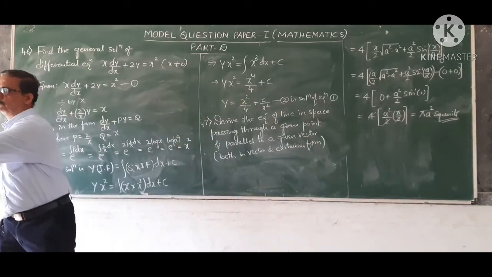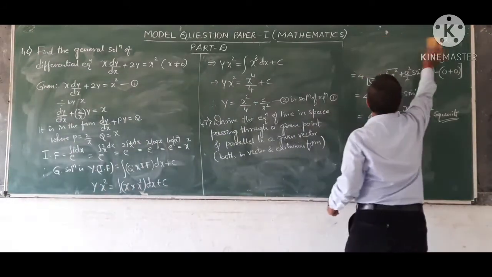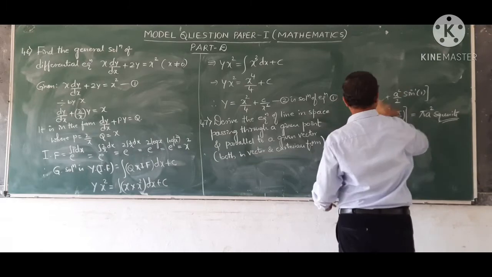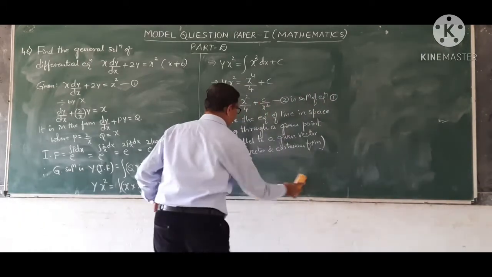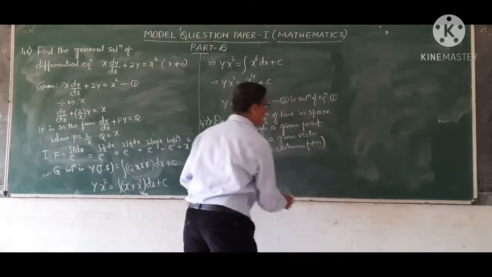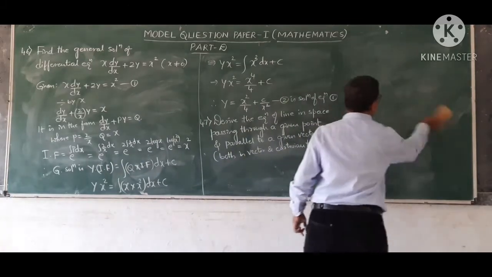Look here. Most important theorem: derive an equation of a line passing through a given point and parallel to a given vector.